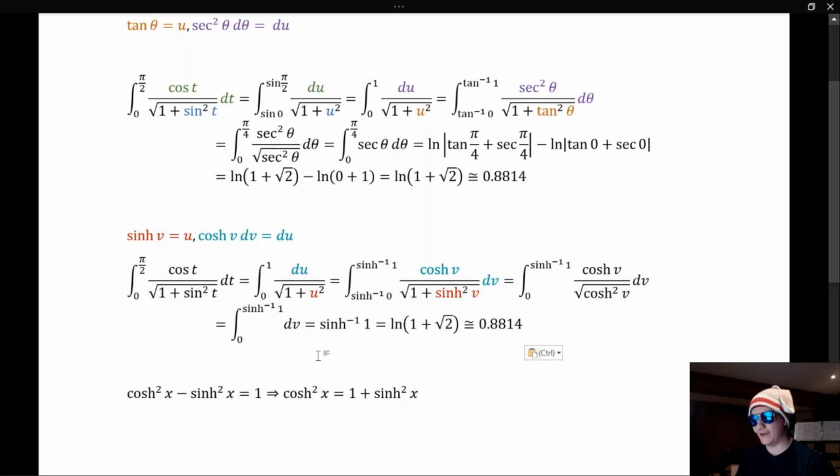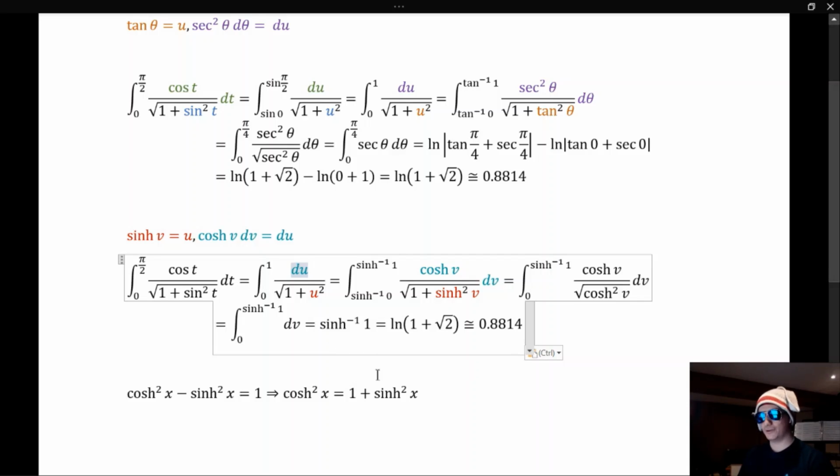It's also using the fact that the inverse sinh of x is ln of x plus the square root of x squared plus 1. And also the derivative of inverse sinh x is this. It's 1 over square root of 1 plus u squared.